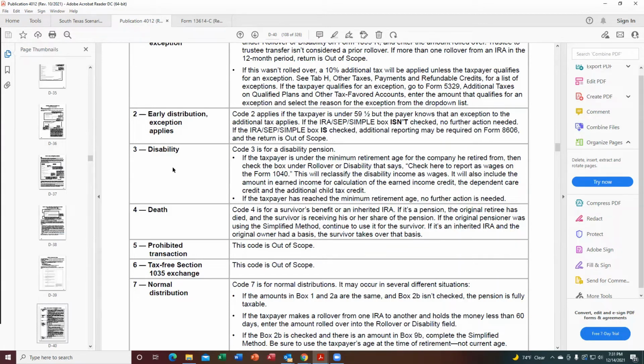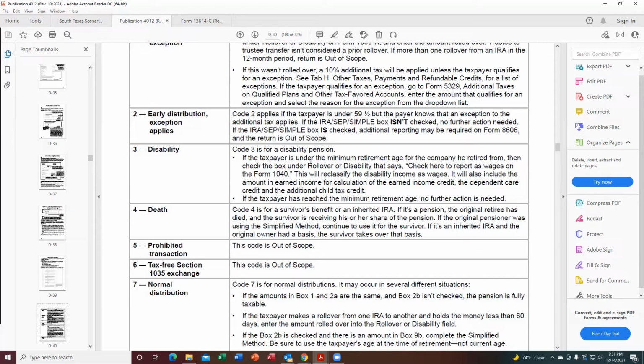He would have been able to retire at age 60. His medical costs were covered by his insurance. He was able to maintain health coverage through the department with premiums paid from his disability pension. So code 3 is for disability pension.